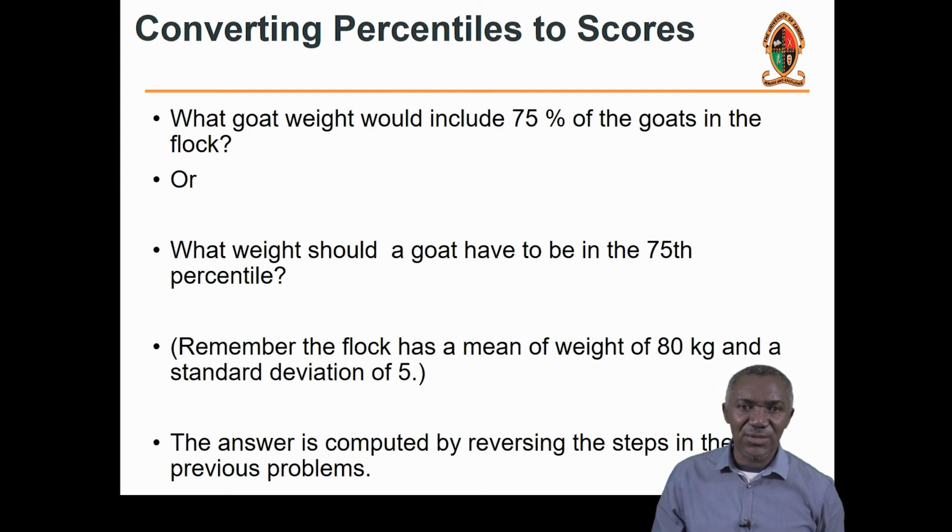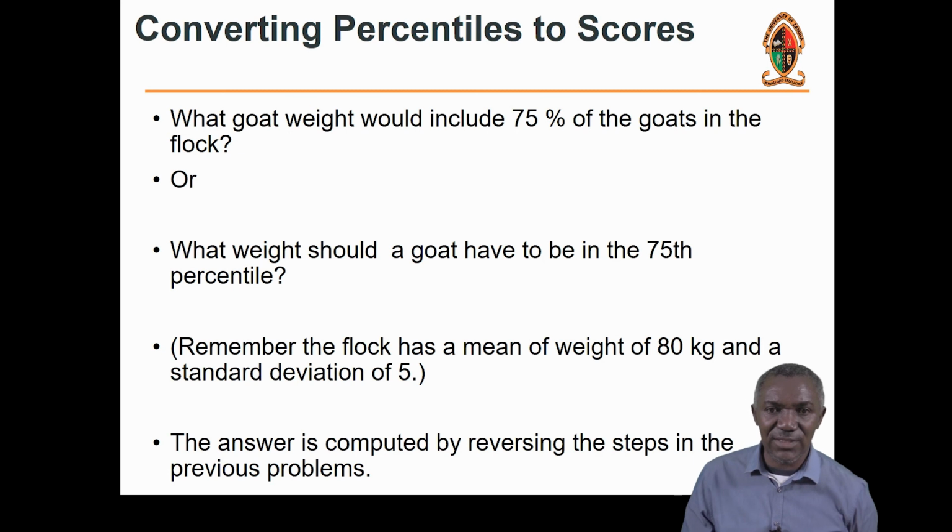So the question is, what goat weight would include 75% of goats in the flock? We have to estimate the goat weight that includes 75% of all the goats in a population. So we have to find the 75th percentile rank and then see what observation carries that percentile.